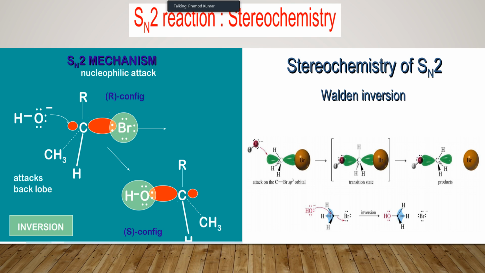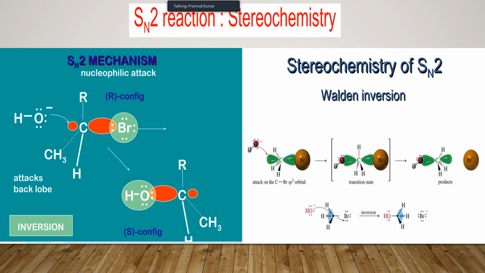So the stereochemistry of your SN2 reaction is that it undergoes inversion of configuration. It is also known as Walden's inversion or backside attack of your nucleophile, where the nucleophile attacks from the opposite side of the leaving group, and thus there is an inversion of configuration. And what is Walden's inversion?